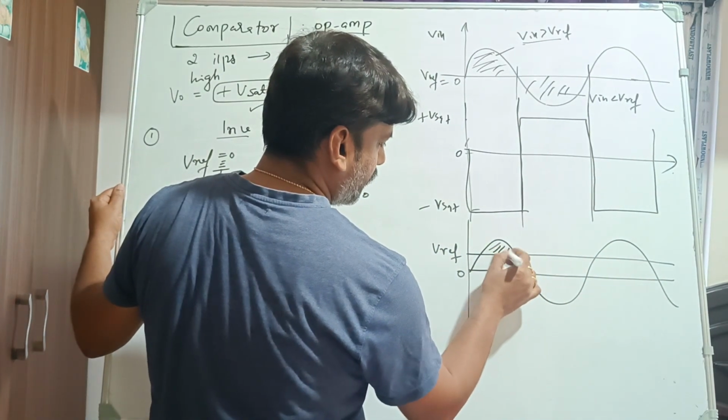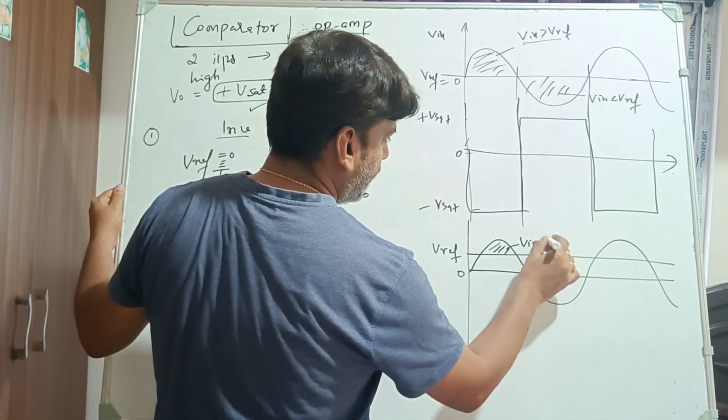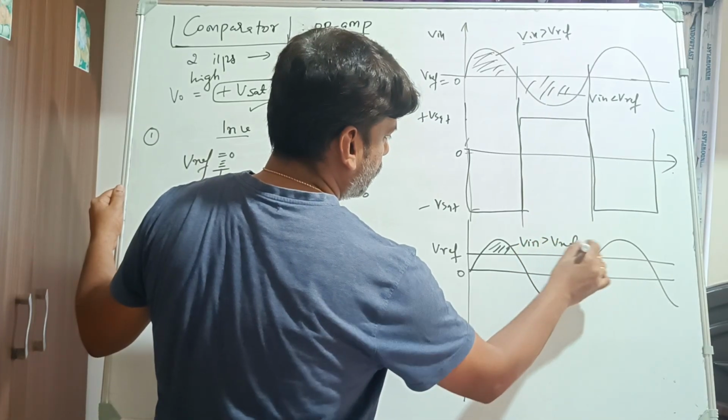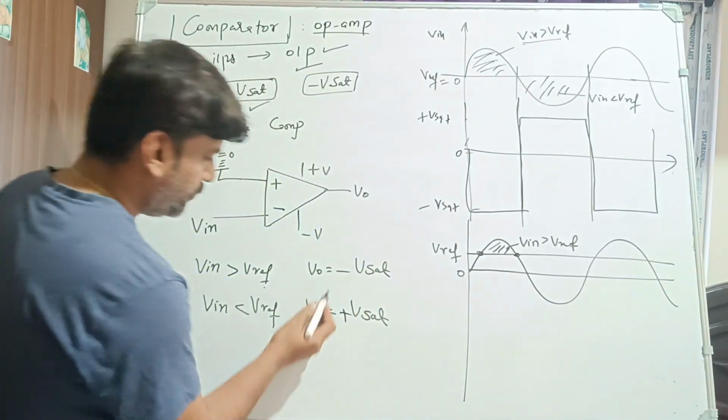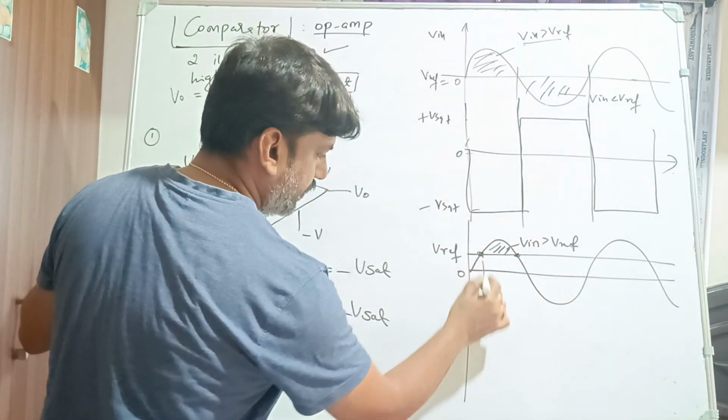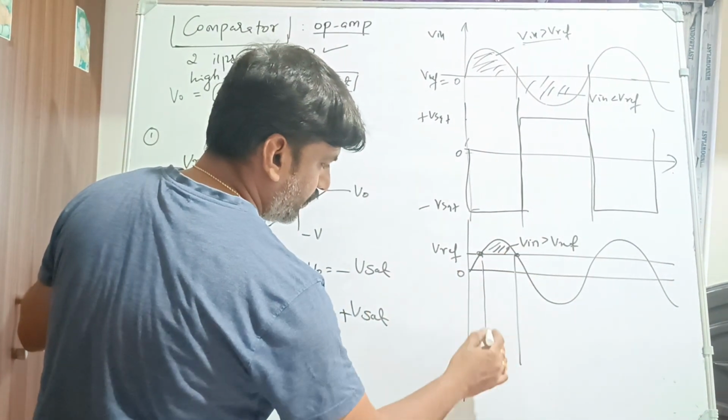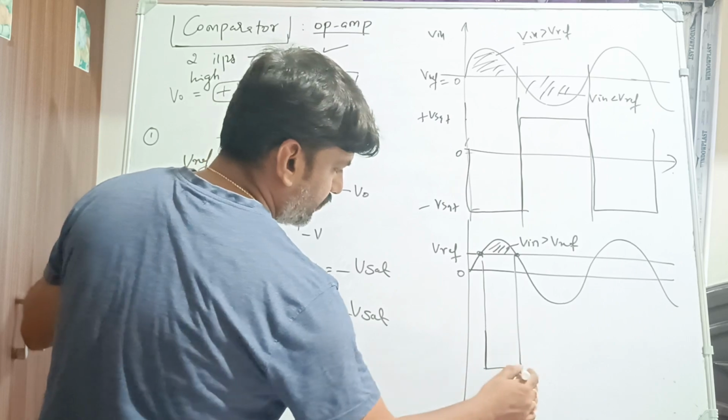So this portion is Vin greater than Vreference. For this portion, what is the output you should get? Minus Vsat. So here for this portion I will get minus Vsat.